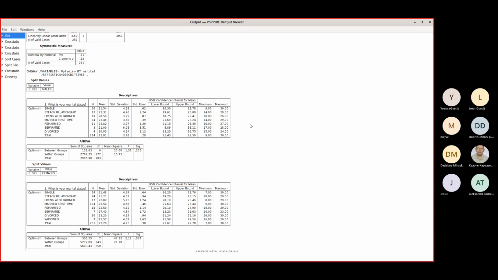Sorry, I have to unsplit the file because now the file is split and we have different results for males and females.